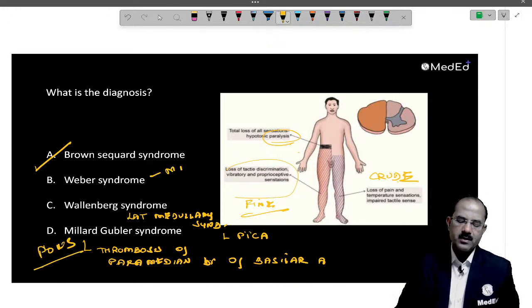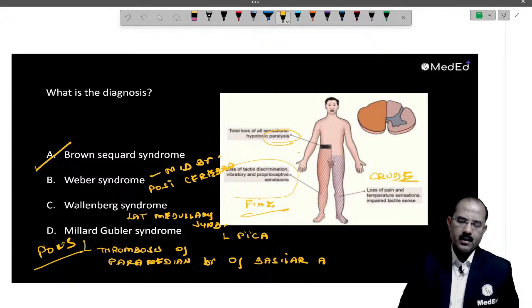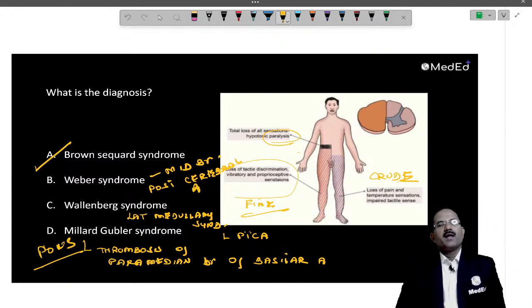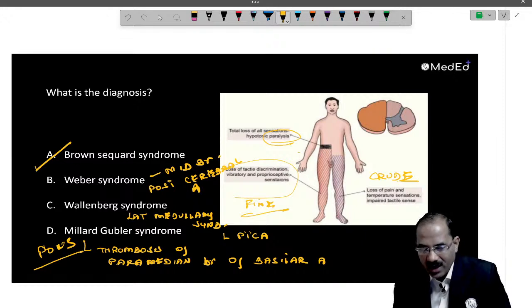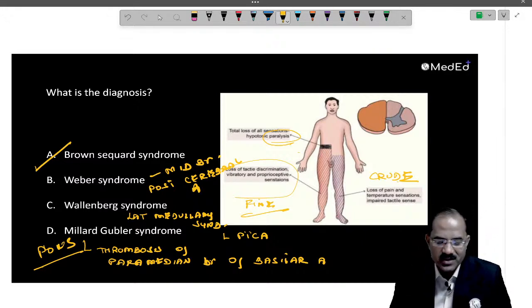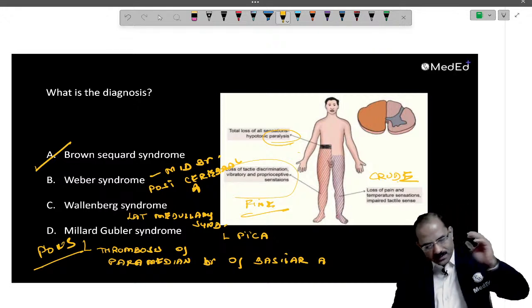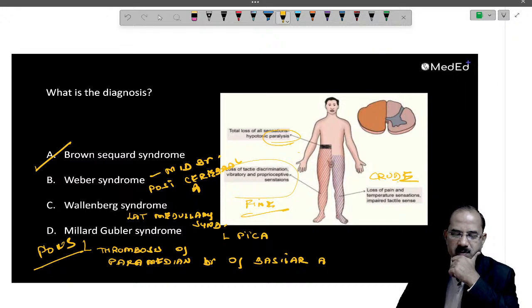And Weber syndrome is in the midbrain. Thrombosis of the posterior cerebral artery results in Weber syndrome. So thrombosis of PICA results in a syndrome in the medulla known as lateral medullary syndrome or Wallenberg syndrome. And thrombosis of the paramedian branches of the basilar artery leads to a syndrome seen in the pons, that is Millard-Gubler syndrome.